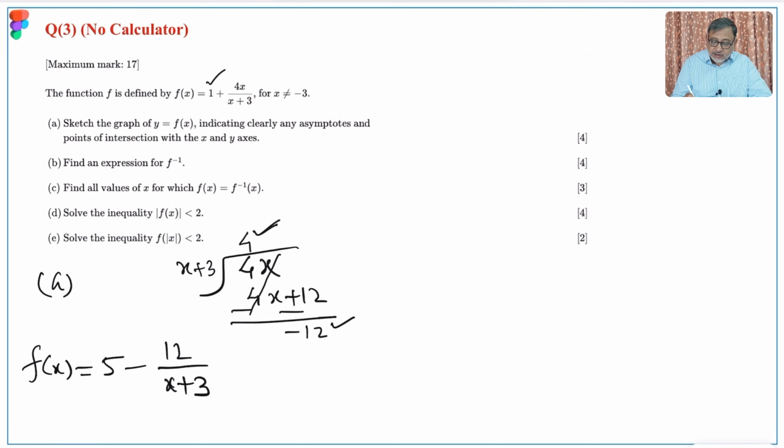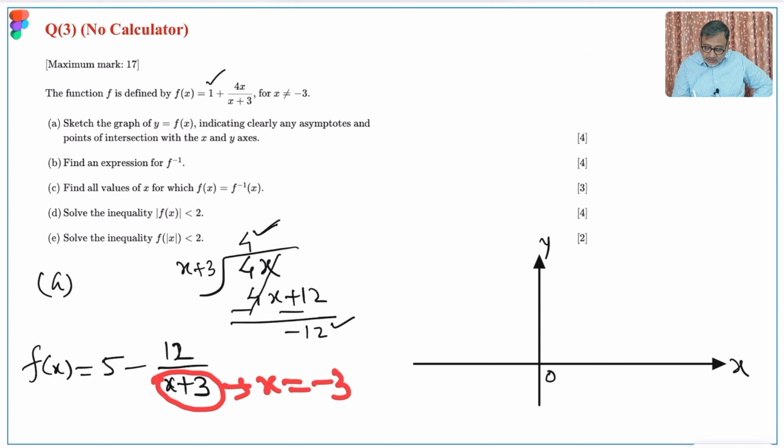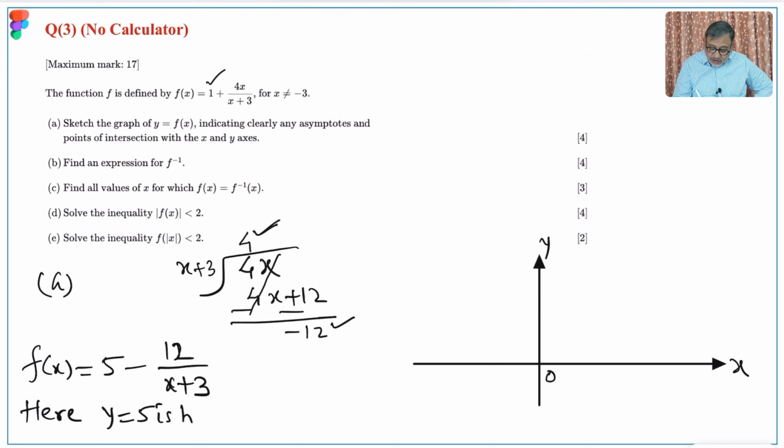Now I can plot the graph of this. So I will draw the x axis, the origin, and the y axis. If you look at this function, you should always remember that the integer part is the horizontal asymptote, and from the denominator we take x equals negative 3 as the vertical asymptote. So y equals 5 is the horizontal asymptote.